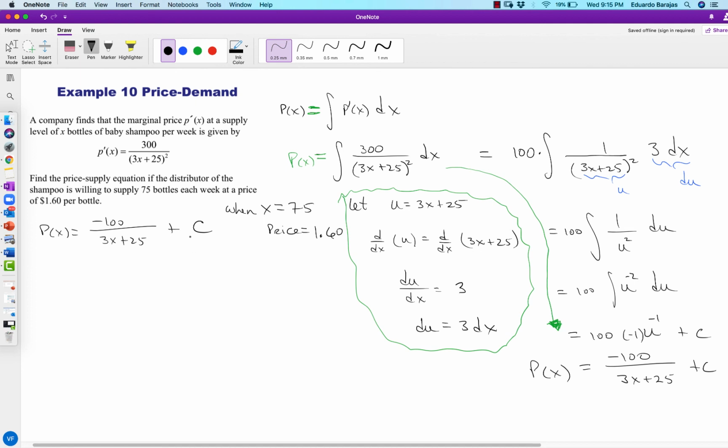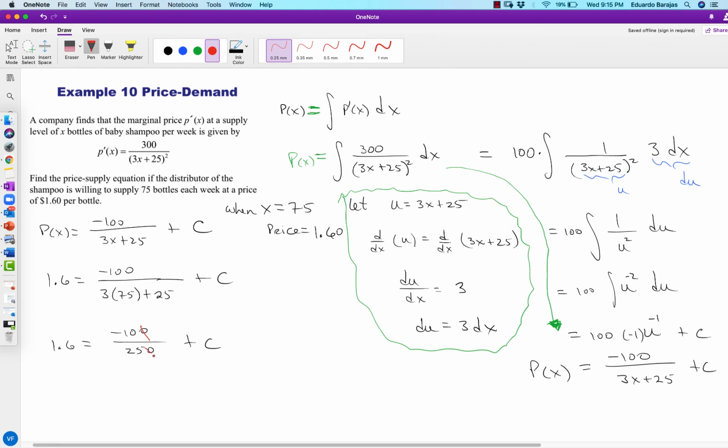So we can use that information to figure out the value of c. So 1.6 must be equal to negative 100 divided by (3 times 75 plus 25) plus c. 3 times 75 is 225 plus 25 is 250. So 1.6 equals negative 100 divided by 250 plus c.